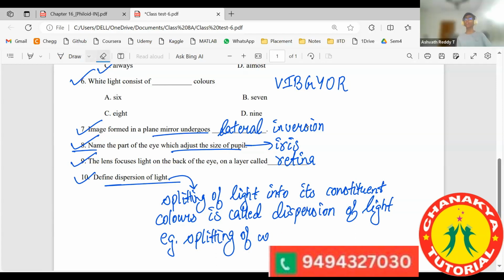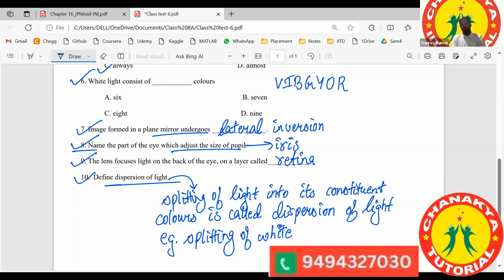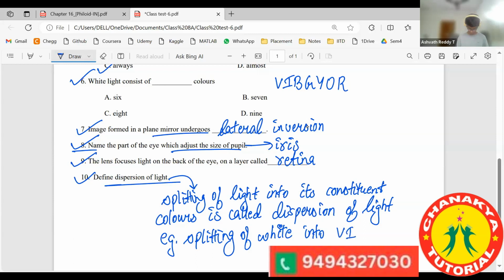Sir, I got all correct, but I have 36 in my score. It won't be 36 but 40. I got 36 because here it's showing 36, sir, in the WhatsApp. You got 36.